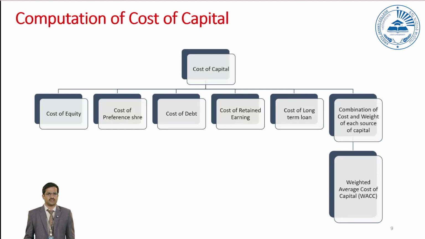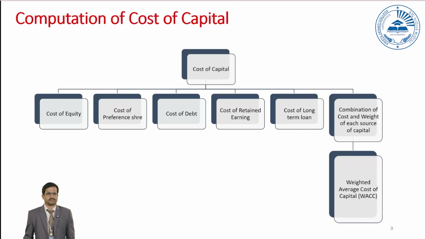Whatever debentures they have issued, each and every year they have to pay the interest. We also call it the coupon rate or coupon interest, whatever coupon interest was given at the time of issue. So that is the main important cost for the company.